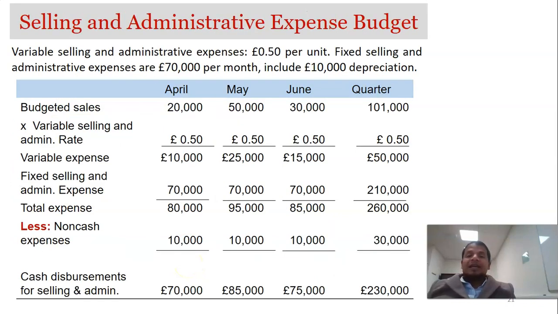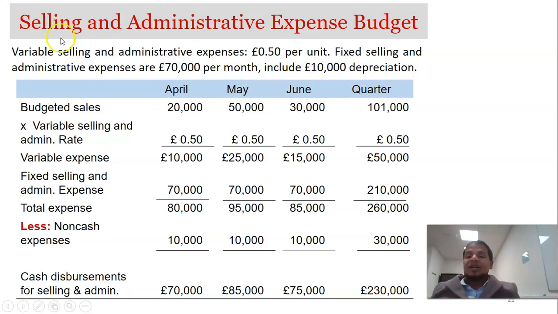And selling and administrative overhead is prepared in the same way, but the basis should be sales. The condition given here is variable selling and administrative expense of 0.5, that is 50p per unit, and fixed selling and administrative overhead of 70,000 per month, which includes 10,000 depreciation.